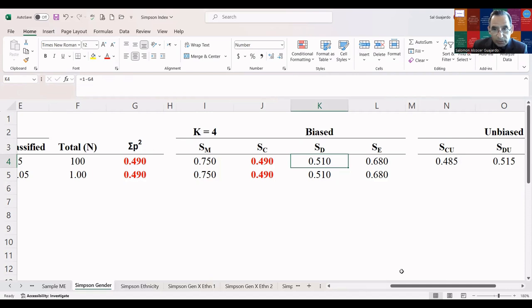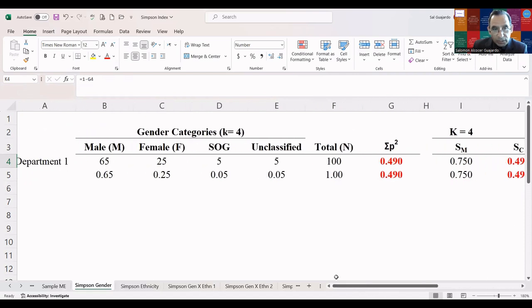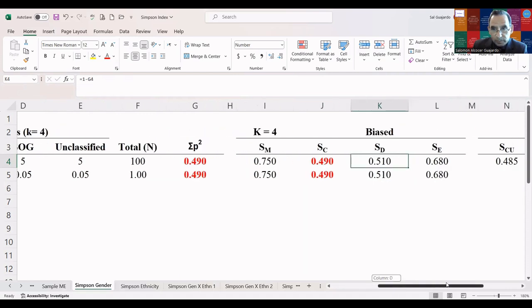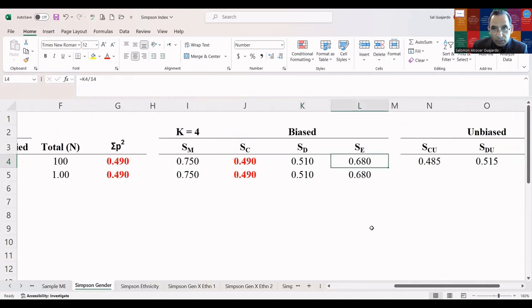The 0.51 means that there's a 51% chance that if I select two individuals randomly, they will be of different gender groups. The bias standardized score is 0.51 divided by 0.75, which equals 0.68. That means that the department obtained 68% of the maximum value of 0.75.